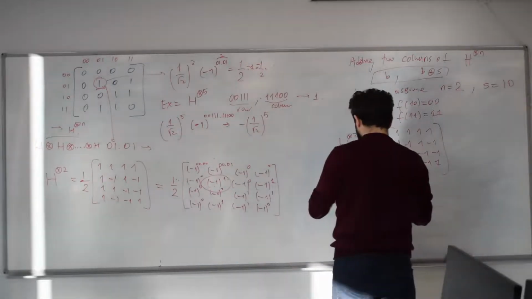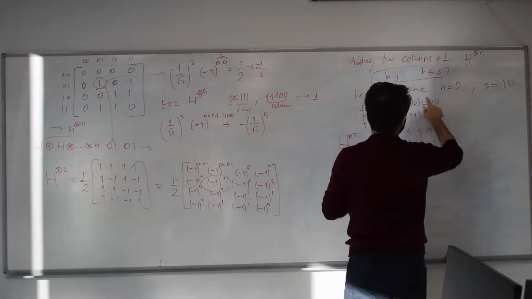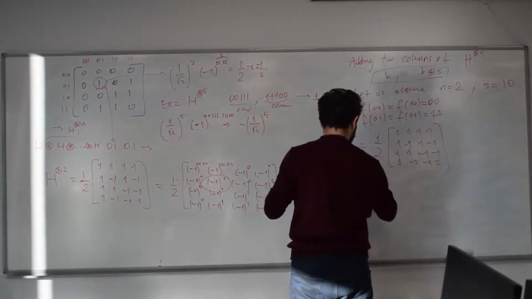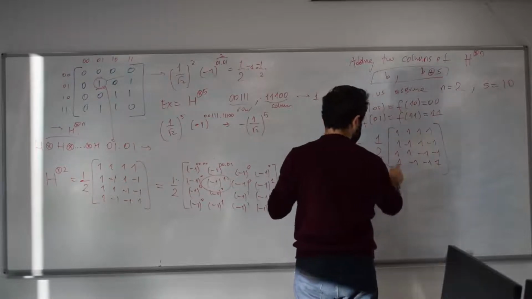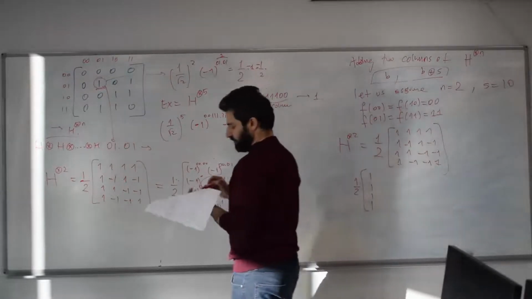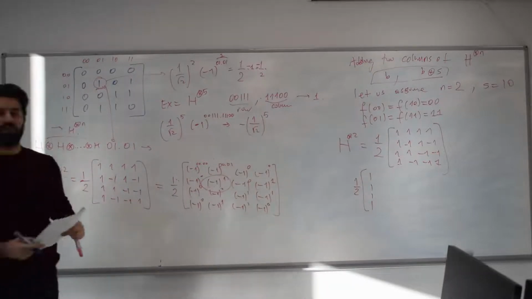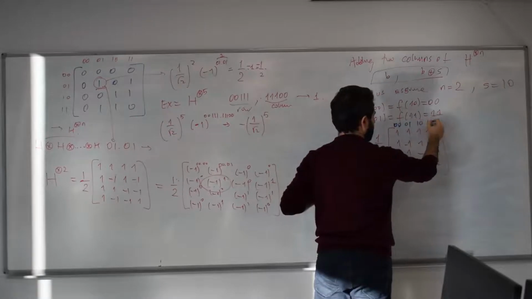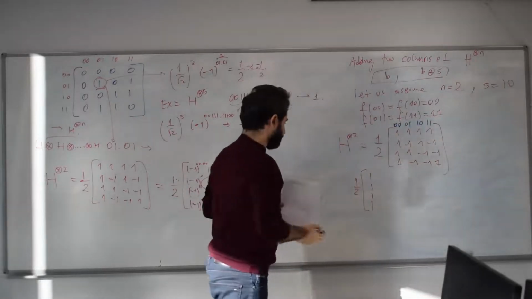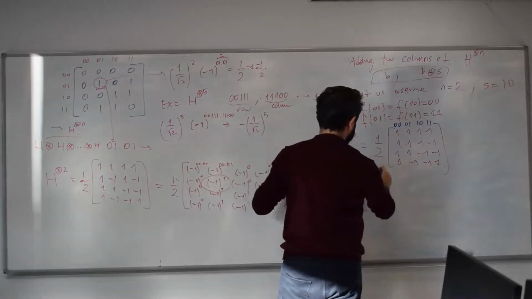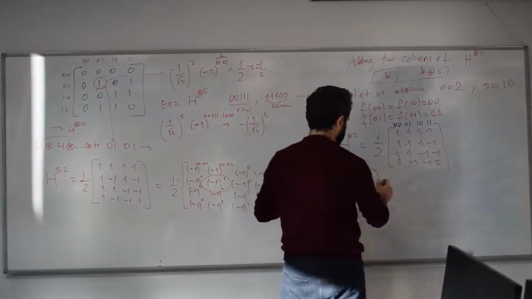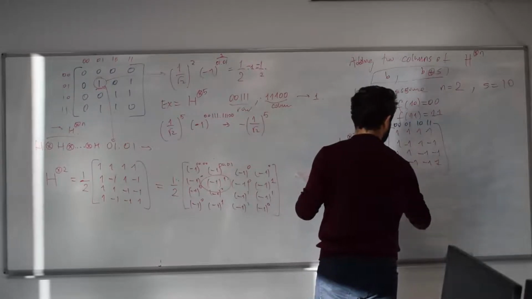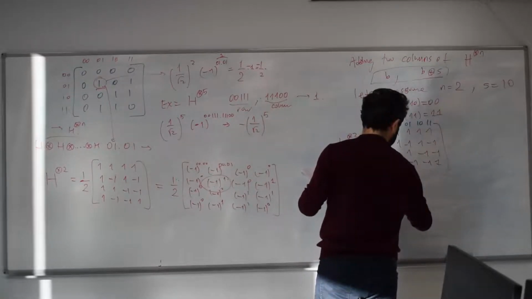But if you add column 0, 0 and 1, 0, what you're going to get is 1/2. 1, 1, 1, 1, that's the 0, 0 column, right? Let me just use another color for you to distinguish these columns, right? I got 0, 0 here, 0, 1, 1, 0, and 1, 1. Those are the column indexes. So I have 1/2, 1, 1, 1, 1, plus, or XOR, 1, 0 column, right? This is 1/2, 1, 1, minus 1, minus 1.